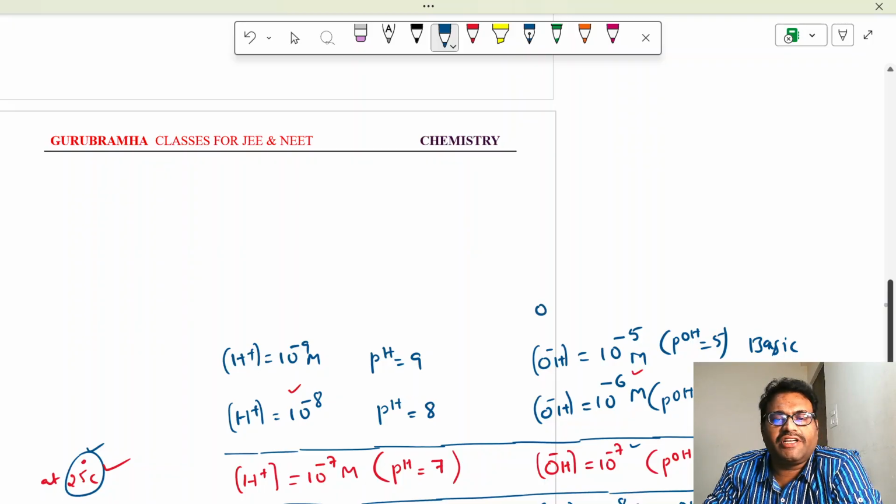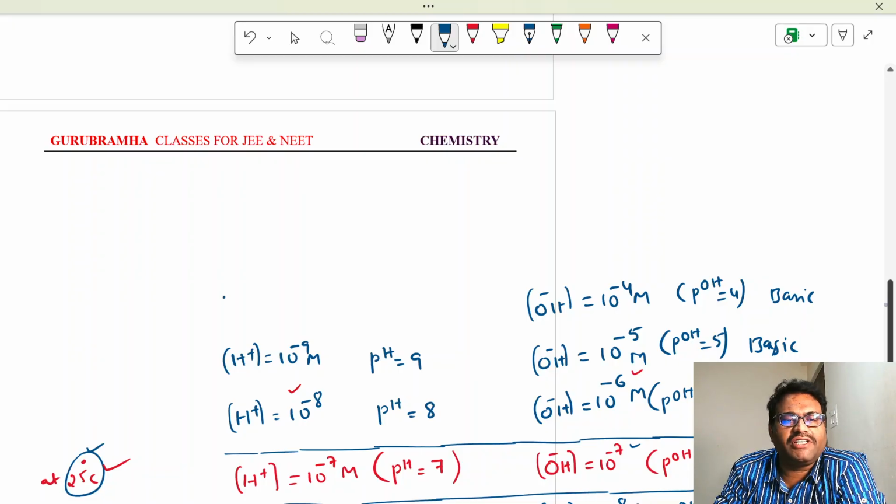Now OH minus ion concentration I am increasing to 10 power minus 4 molar. So what will be pOH? pOH is equal to 4. Again basic. Now H plus ion concentration for this corresponding solution will be 10 power minus 10, so pH will be equal to 10.